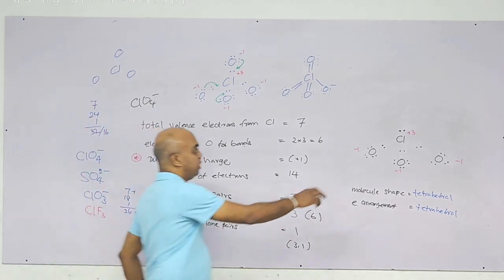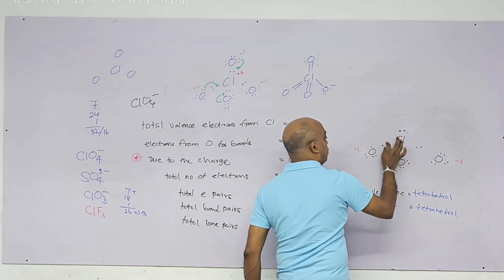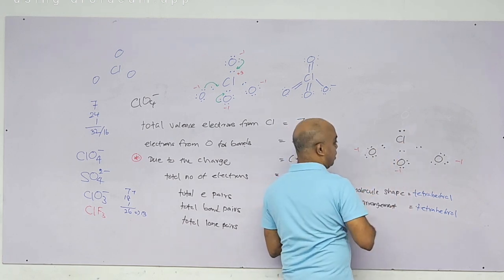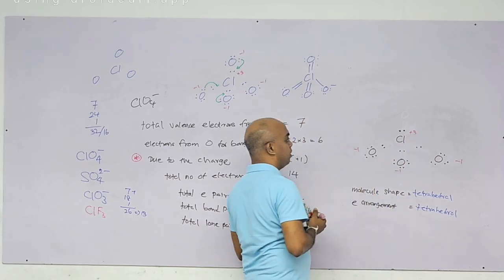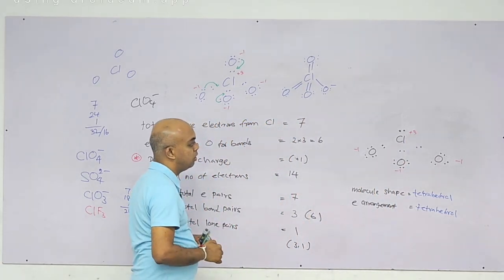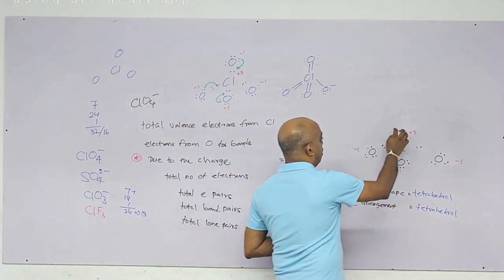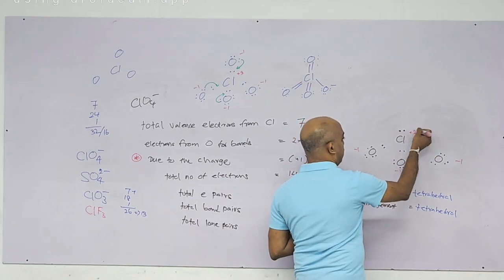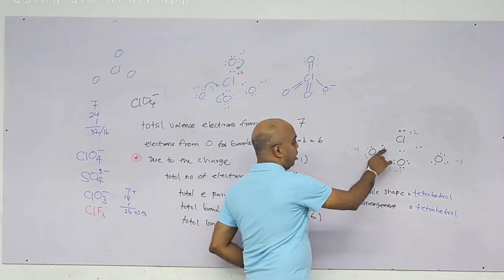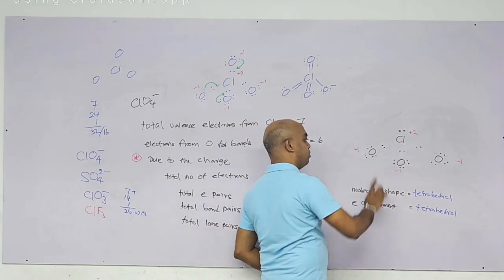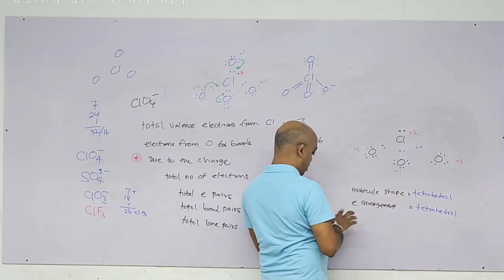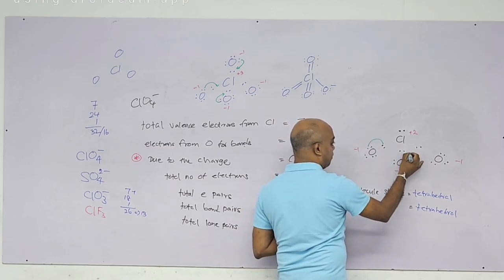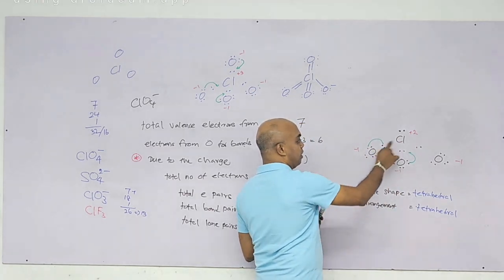Oh, sorry. 1, 2, 3, 4, and 5. 5 has been given, so plus 2. 1, 2, 3, 4, 5, plus 2. 7 has to be given, plus 2. Then the dative bonds like this, or something like that. This has to be double bonds in between these two.